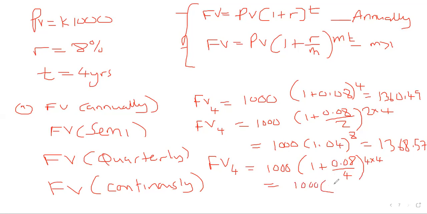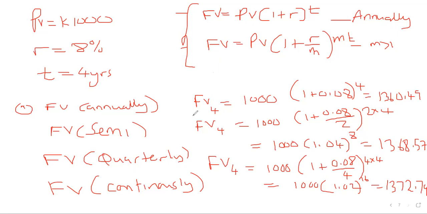Incidentally, the time is 4. So here we're going to have 1.02 to the power what? 16. So when you multiply that, we're going to get 1,372.79. So this is when we are compounding quarterly.